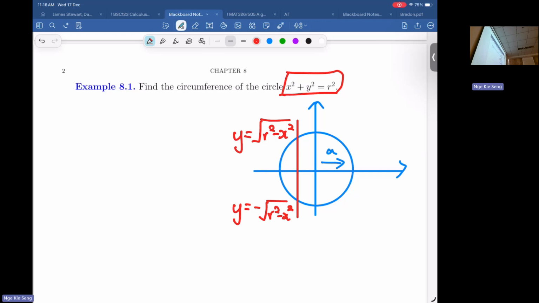So which side do you want to compute first, top or bottom? Maybe let's compute the top first.